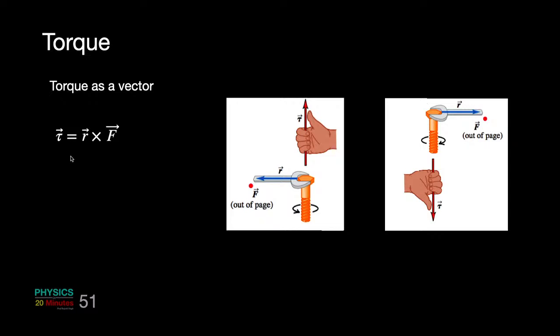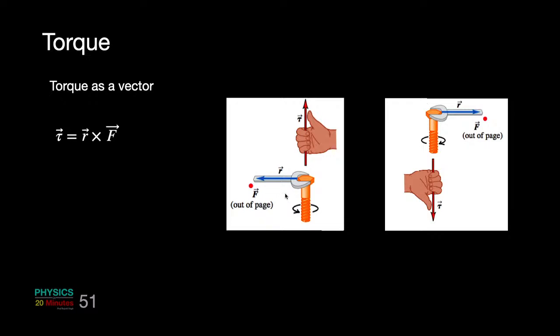To determine the resultant direction of the cross product, you curl the right hand fingers in the direction from the first vector to the second vector. Remember, the first vector is the vector which is written first in the cross product.